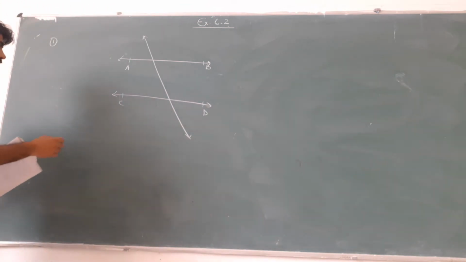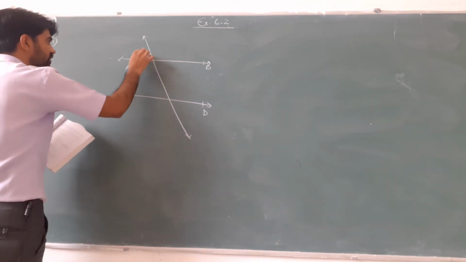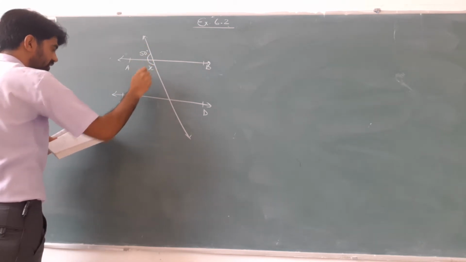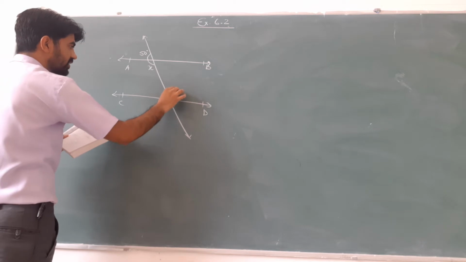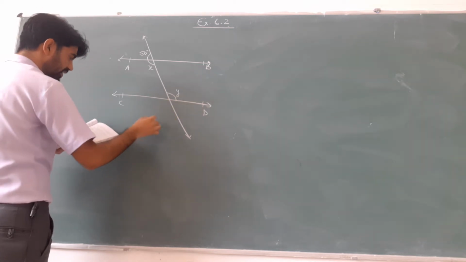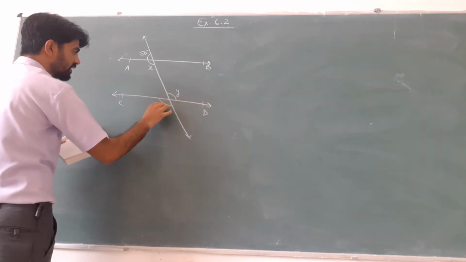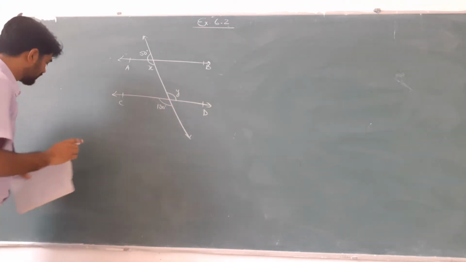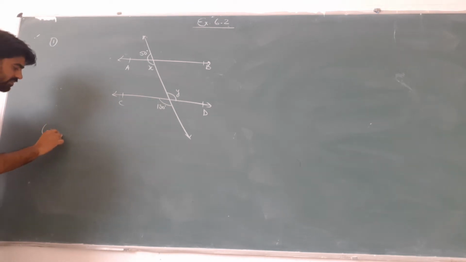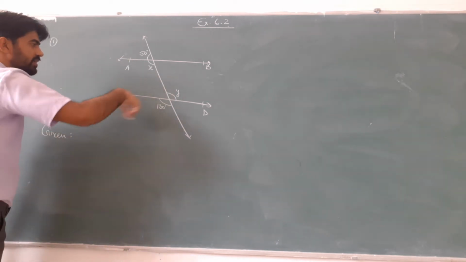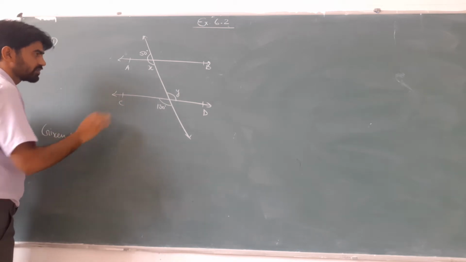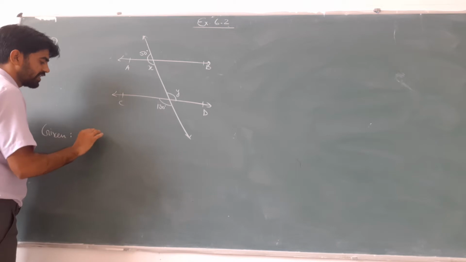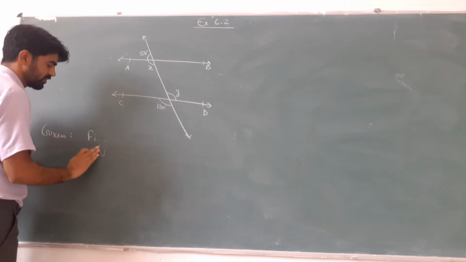This angle is given 50 degree, this angle is given x, this angle is given y, and this angle is given 130 degree. This is what is given as per the figure. I am just writing the figure.